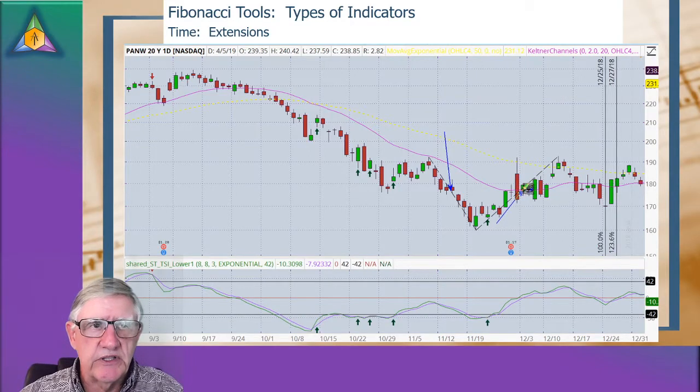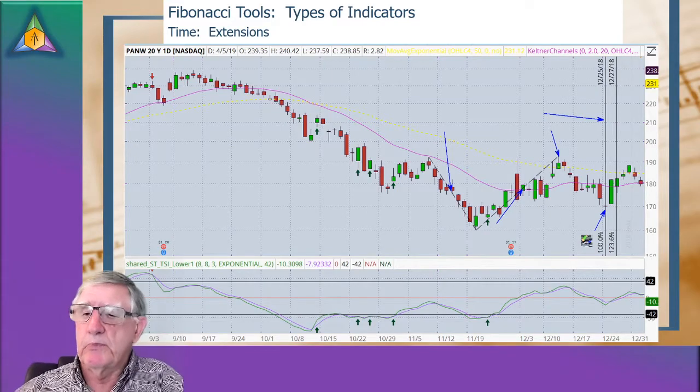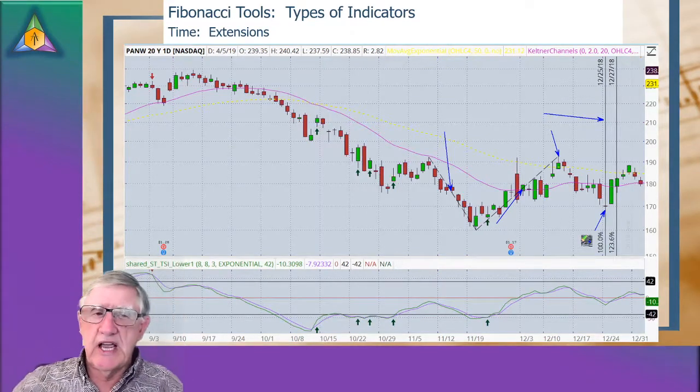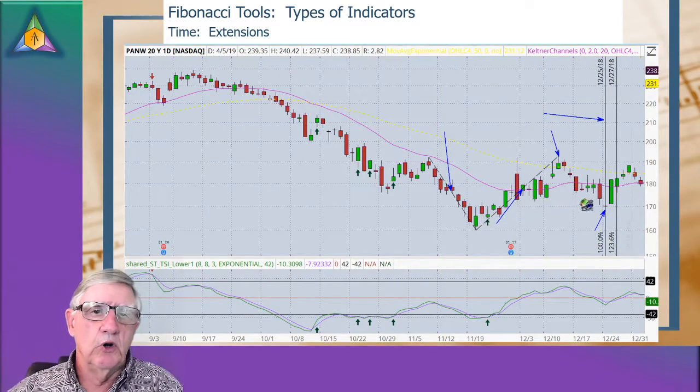This line here projects it forward in time to this high here. Then it projects a line forward, as you'll see, the 100% extension, to where time could come into play and impact the price action for a potential reversal. And as we see here, it worked right on the nose.